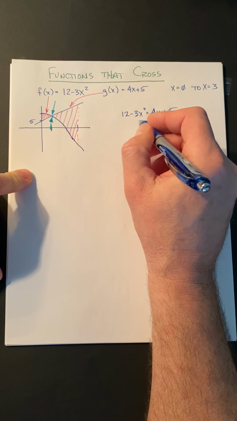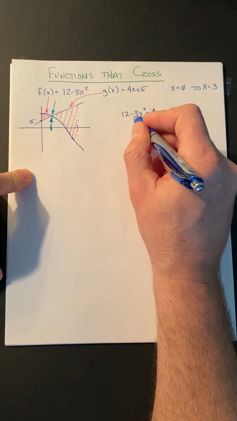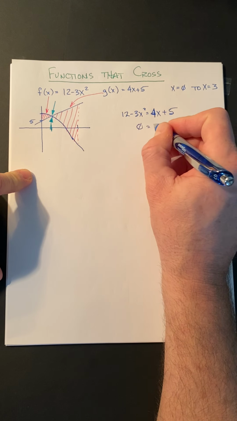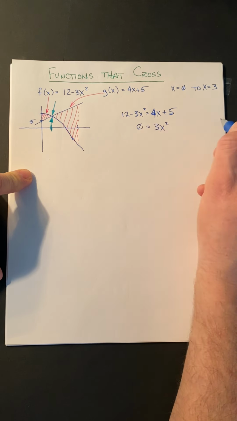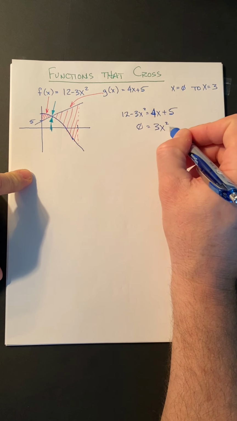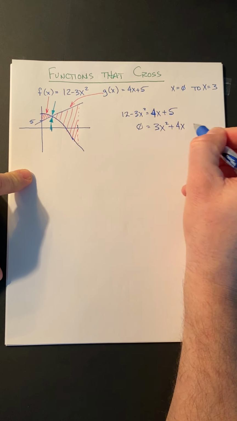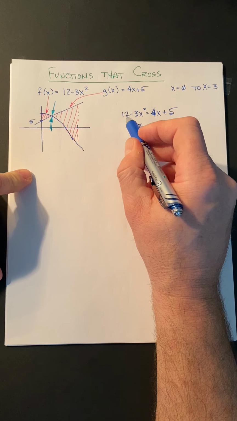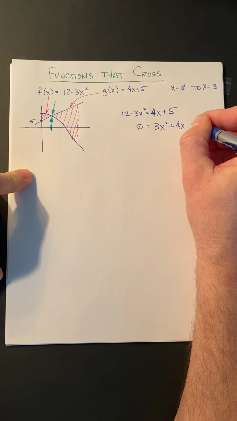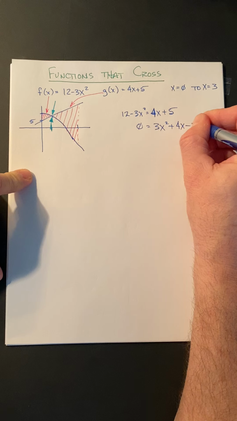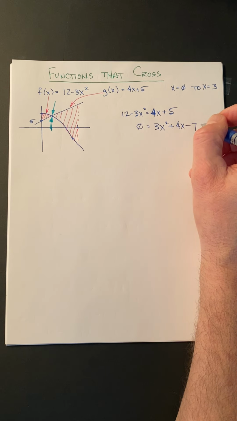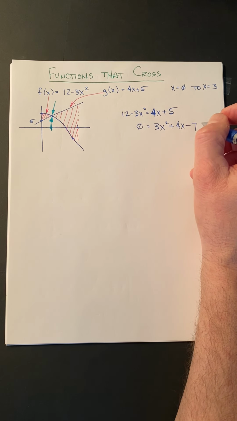So let's move this side over here and get rid of the negative on my x squared term. The 4x will stay the same. I'll be subtracting 12 from both sides. And so that'll give me a -7, won't it?